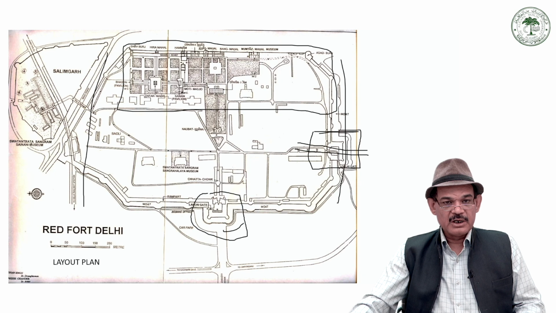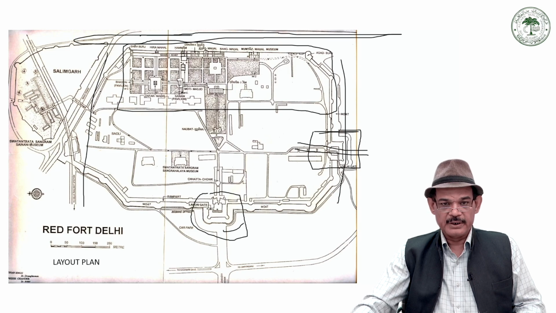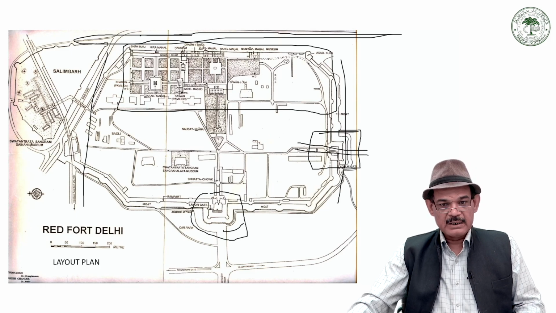The reason for occupying this eastern area is that these buildings overhang the river Yamuna, which flows on the eastern side. A large number of palaces were built on the eastern periphery.